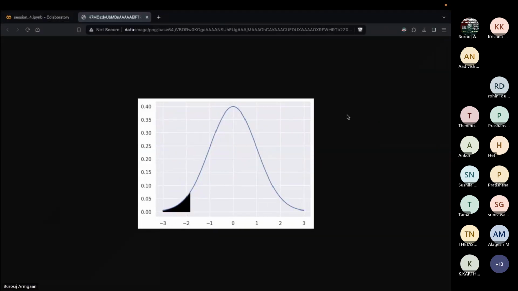So can you see the screen? Something like this.